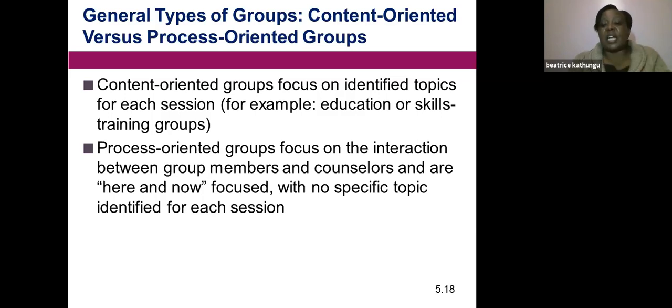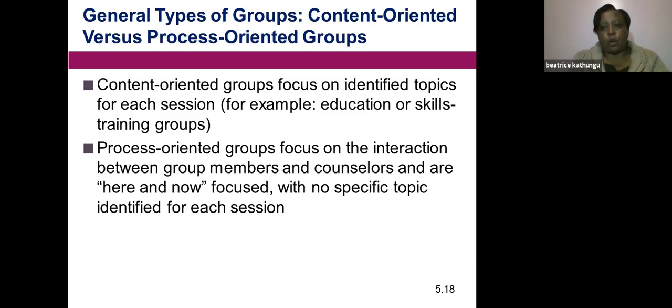So group counseling does focus on the processes, on the interactions of the members, because that's an important component. In fact, when the participant shares that groups can get chaotic, yes, they can, because of the interaction and the dynamics amongst the group members themselves.